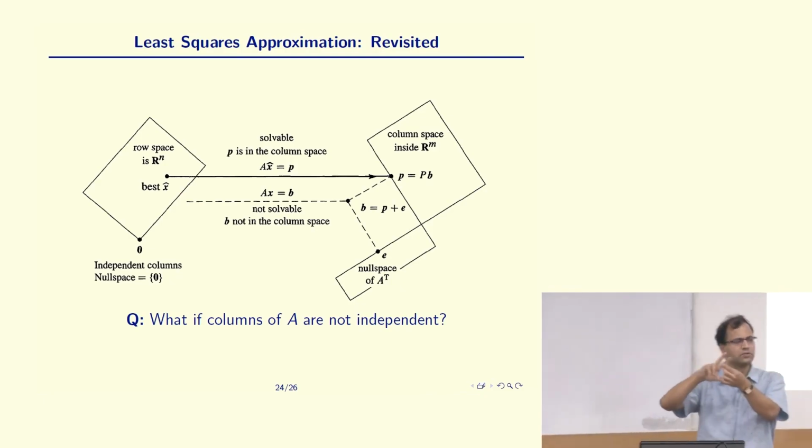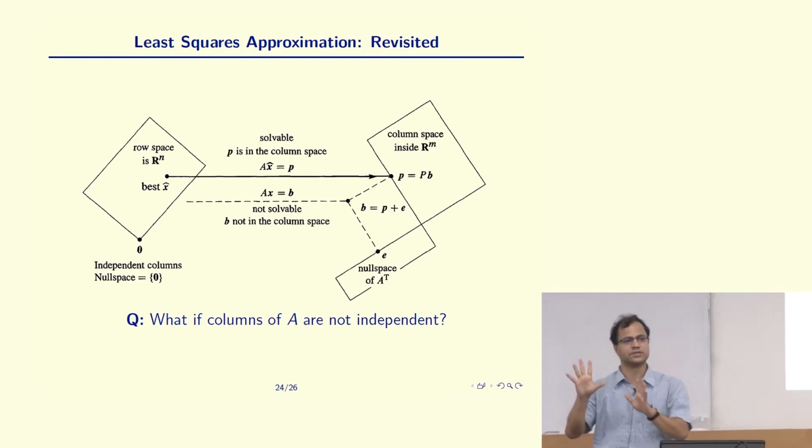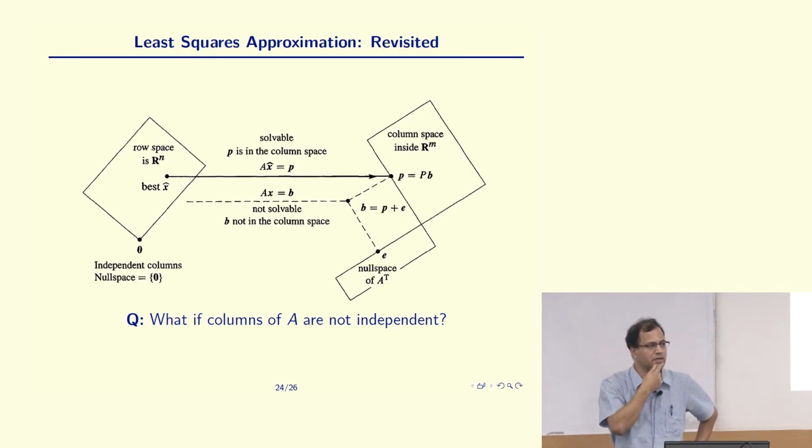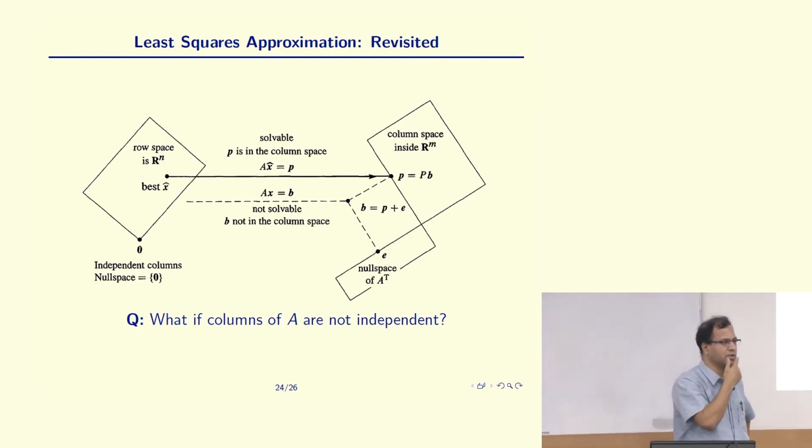So that was the idea. What was the assumption there? Why was your A transpose A invertible when we started with least square approximation?